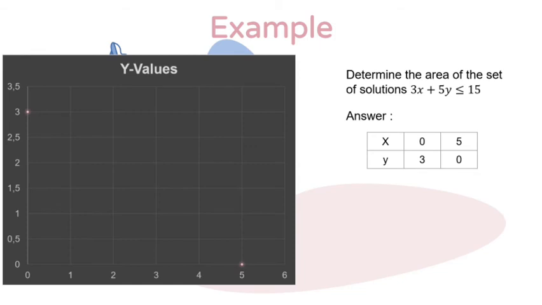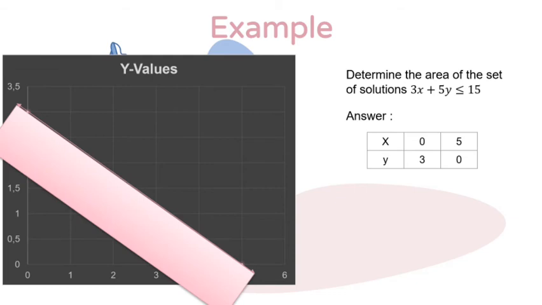Next, make a graph. Then place the intercept points (0, 3) and (5, 0), and connect them. We don't need to test a point to determine the solution area. We use the previous table. Because a is greater than 0 and the inequality is less than or equal to, the area is to the left of the line.